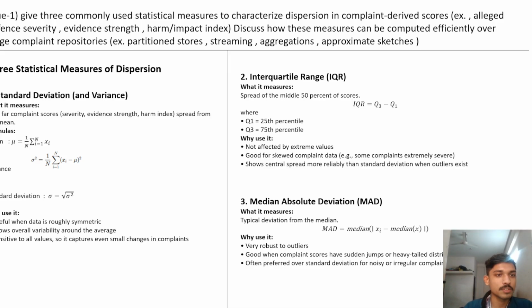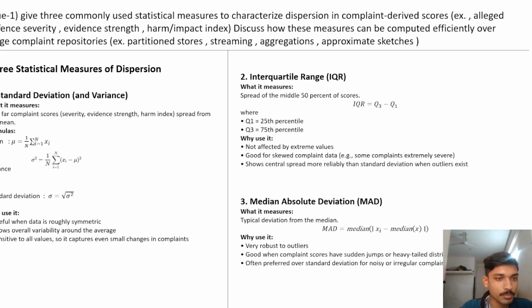So the first one is standard deviation. What does it measure? It measures how far complaint scores, like severity, evidence strength, harm index, which were given in the question, spread from the mean.